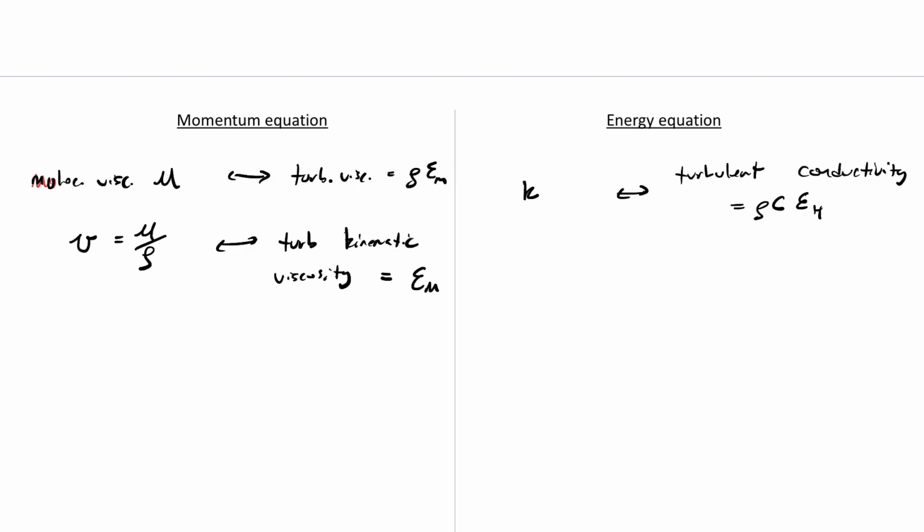The molecular thermal diffusivity, which was alpha, which is K over rho C, is then analogous to epsilon sub H. So again, you can think of epsilon sub H, our diffusivity in the turbulent region, as the equivalent of alpha in the molecular sense.